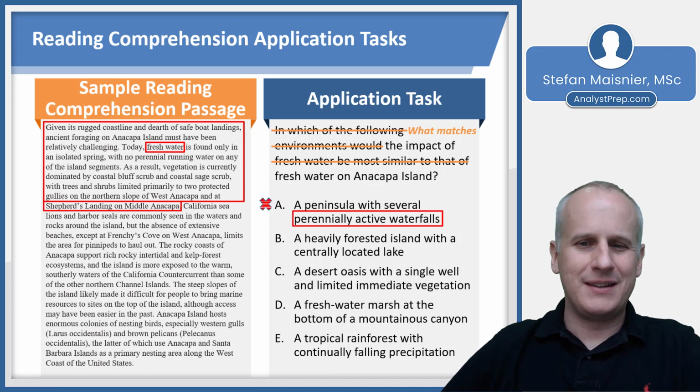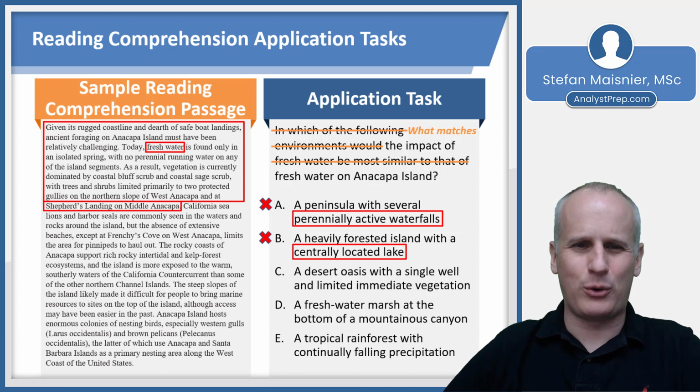Well, several perennially active waterfalls means there's more fresh water than there is on Anacapa, so we can eliminate choice A. Choice B, a heavily forested island with a centrally located lake. Well, the centrally located lake is probably too big, and furthermore, we could even look at the heavily forested and go, well, that's going to be more types of vegetation potentially, so that gets rid of choice B.